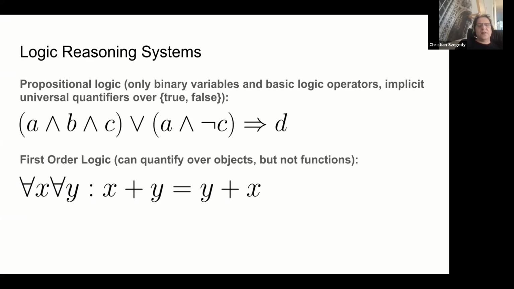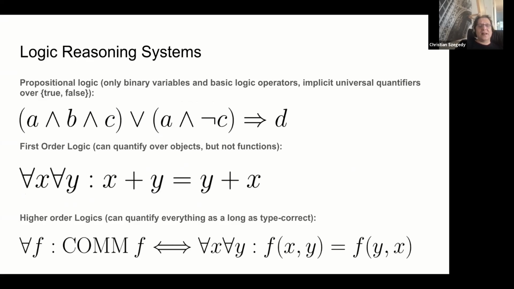So what people do instead is use higher order logic. Higher order logic is a logic in which you can create quantifiers over propositions and functions and formulas in general. So you can say that for every function f, f is commutative if this holds, and then f can really be a function here.